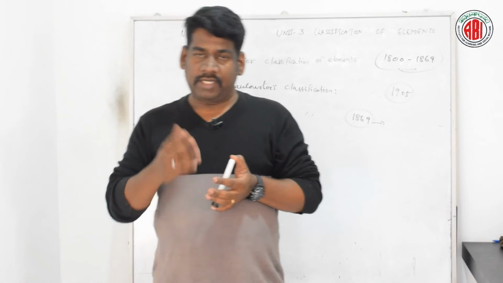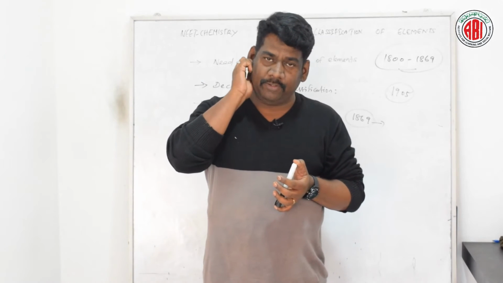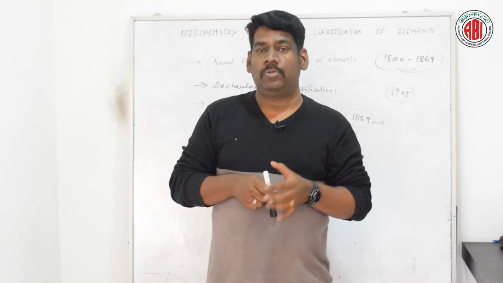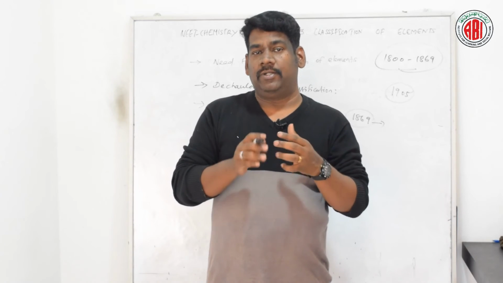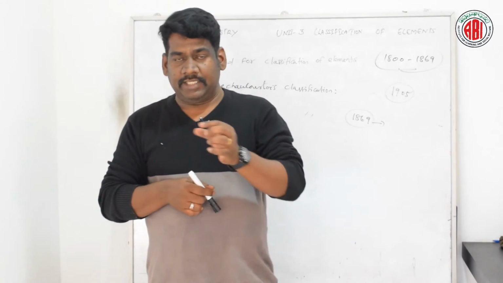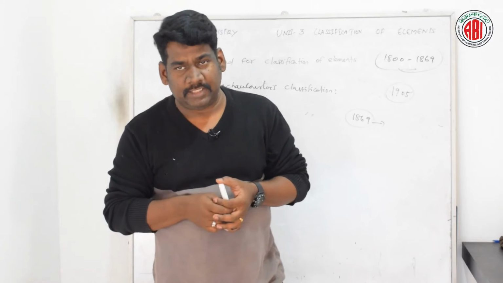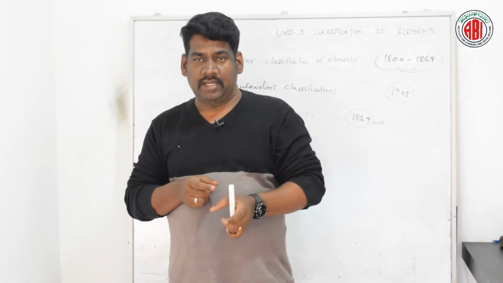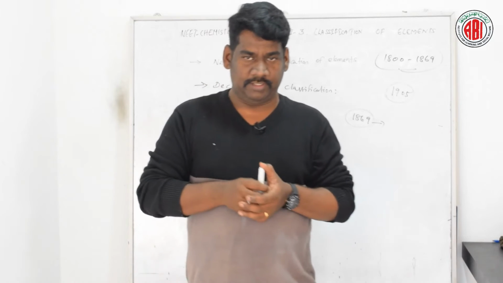According to Mendeleev's periodic table, the table has two different kinds of divisions: the horizontal rows present in the periodic table are called periods, and the vertical columns are called groups.